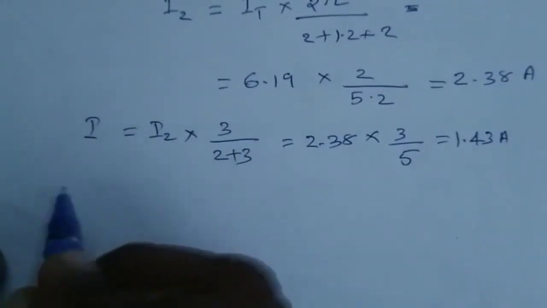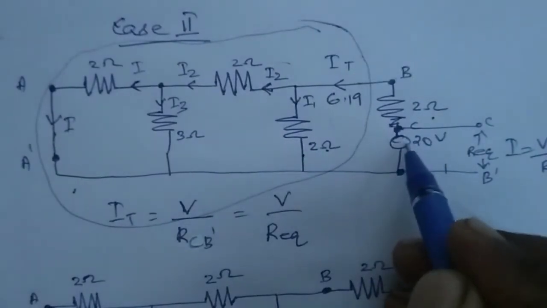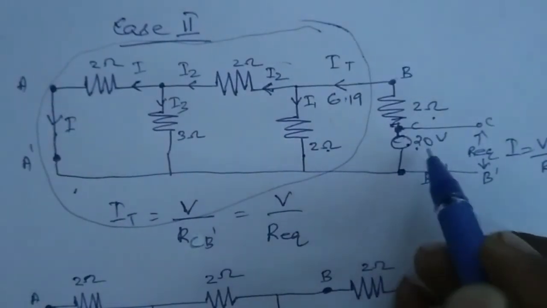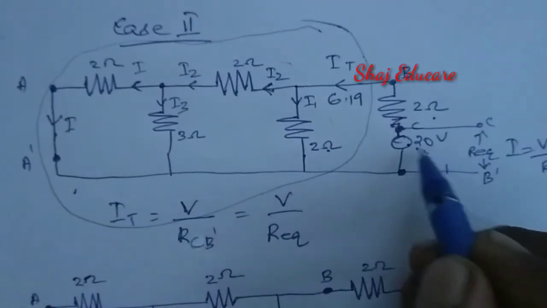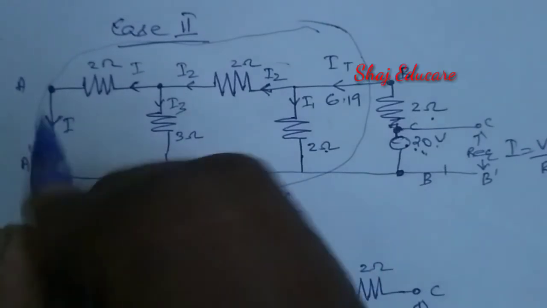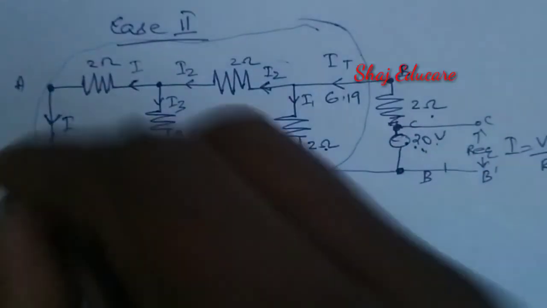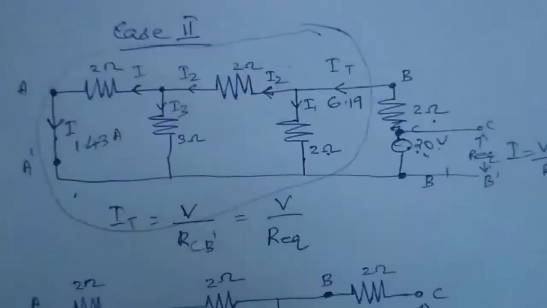And now, let us go back to this circuit. Now we have to take the ratio V by I. Here we have the voltage source, and now we got the current I. In this case, current I is equal to 1.43 ampere.